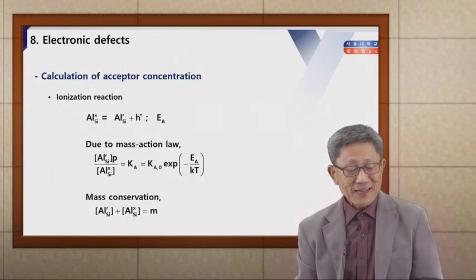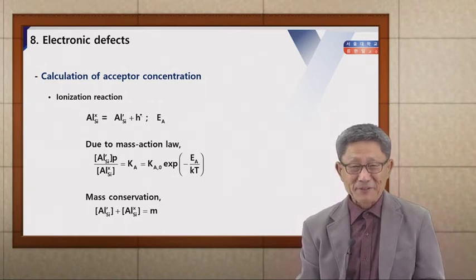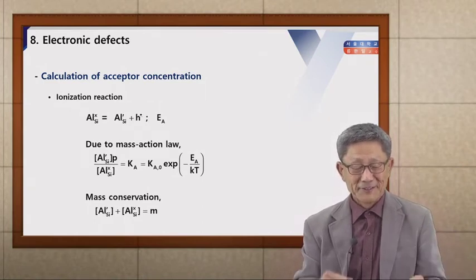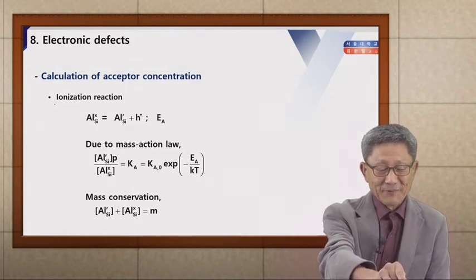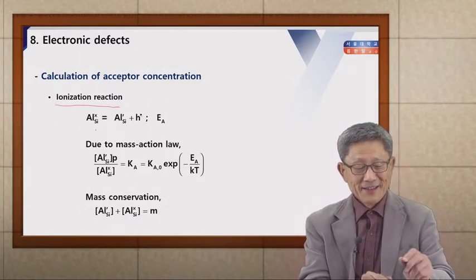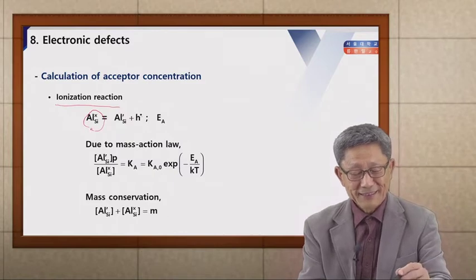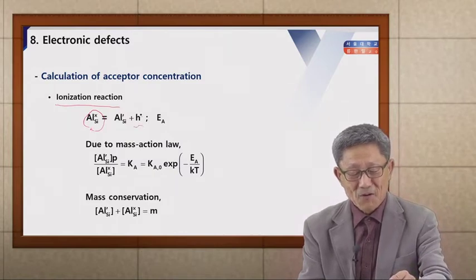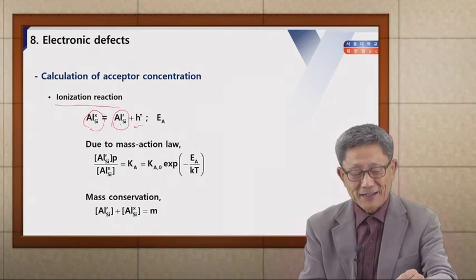Then how could we calculate the thermodynamic equilibrium concentration of ionized acceptors? Yes, we can write down the ionization reaction here. Neutral aluminum on the silicon side gives up one hole and makes trivalent aluminum on the silicon side.